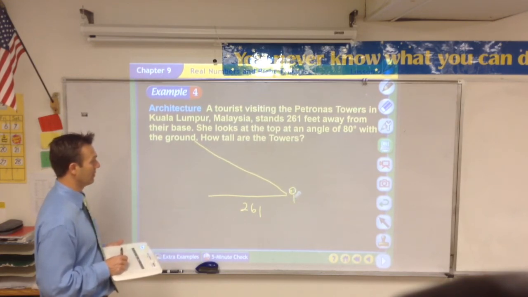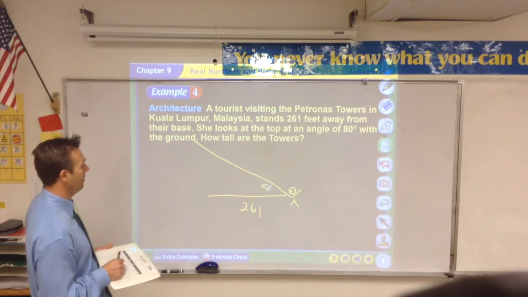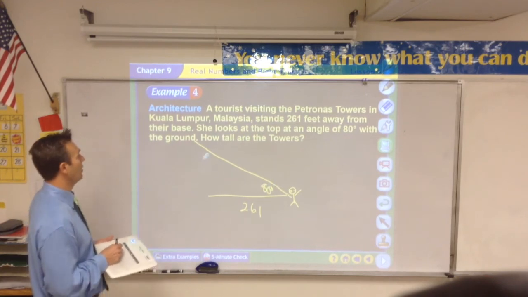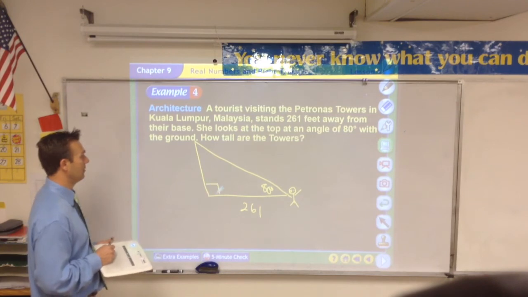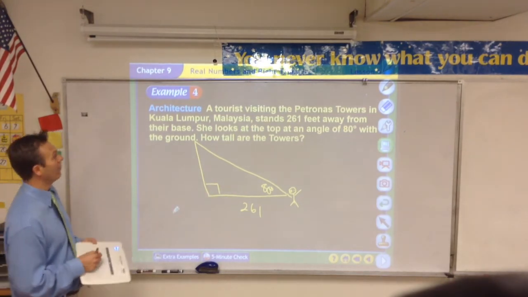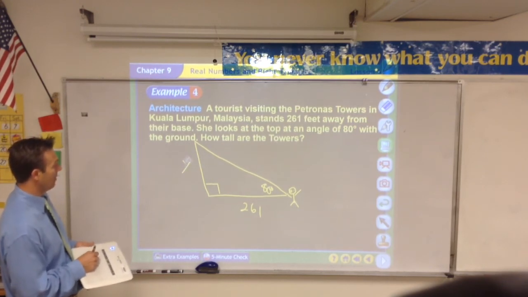So here's your little person, and she's looking at the top at an angle of 80 degrees with the ground. So that means this is where your 90-degree angle is. So what do we have here? We want to find out how tall the towers are.